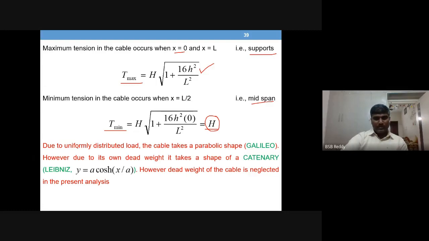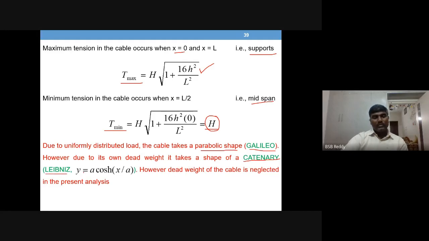Okay, so due to uniformly distributed load, the cable takes a parabolic shape, and that is derived by Galileo. Whereas due to its own weight, the cable takes a shape called catenary, which was derived by Leibniz.